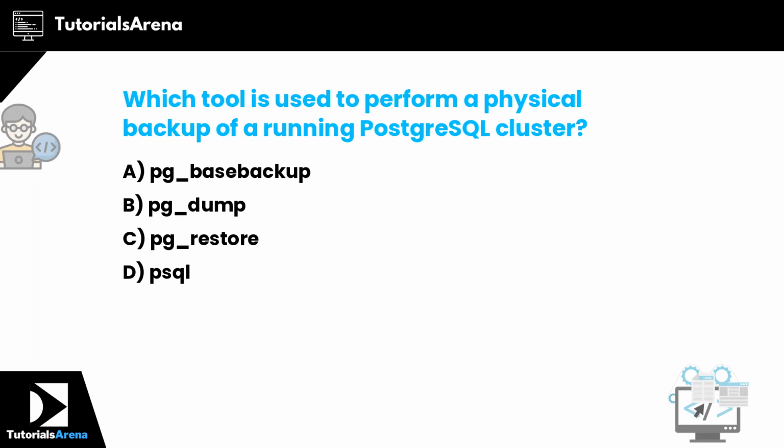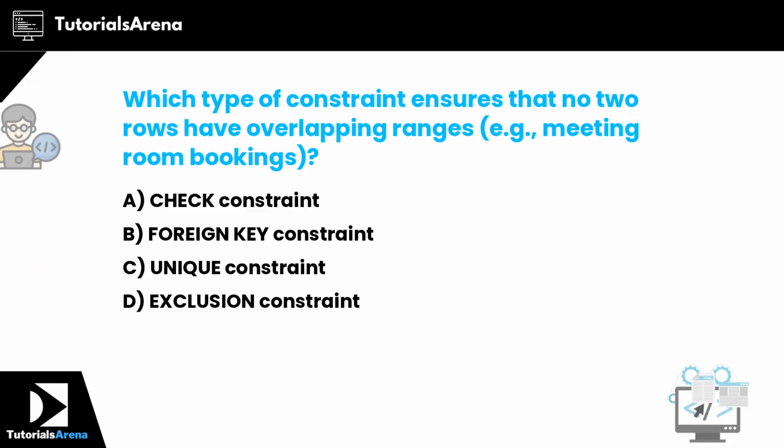Which tool is used to perform a physical backup of a running PostgreSQL cluster? The correct answer is option A, pg_basebackup. Which type of constraint ensures that no two rows have overlapping ranges, e.g., meeting room bookings?